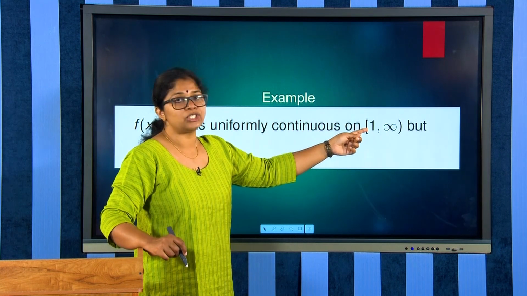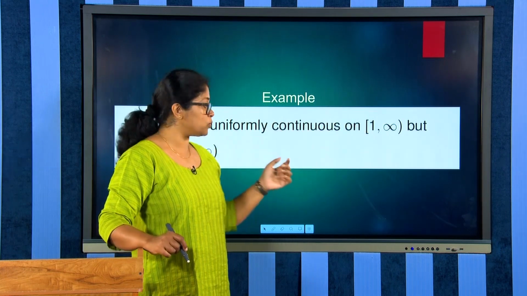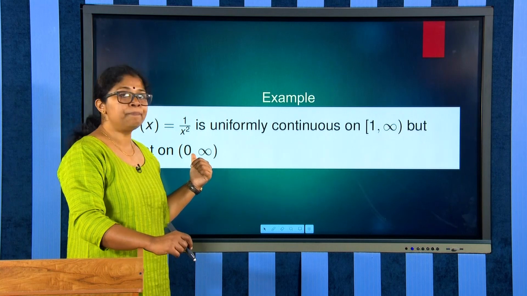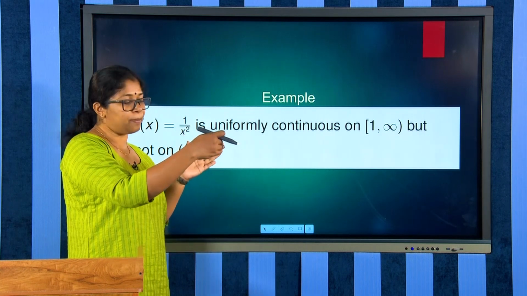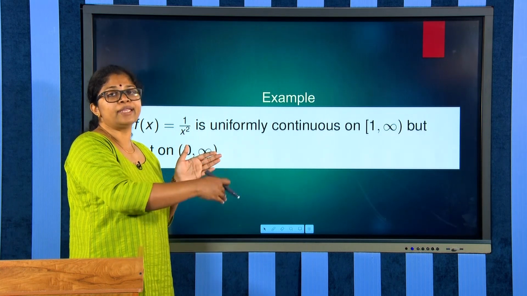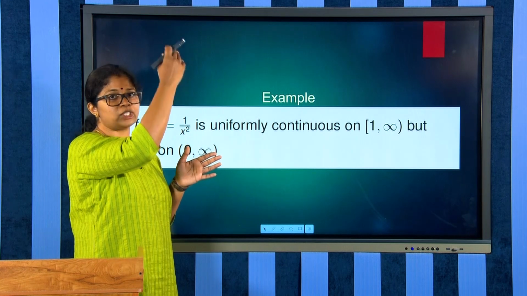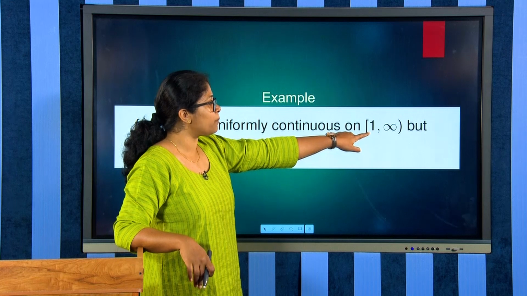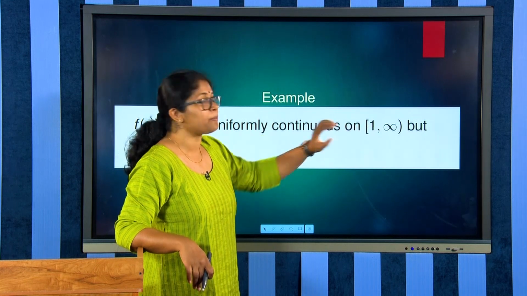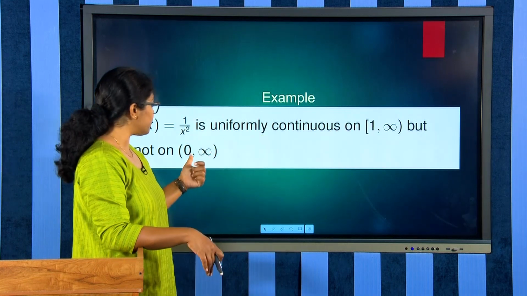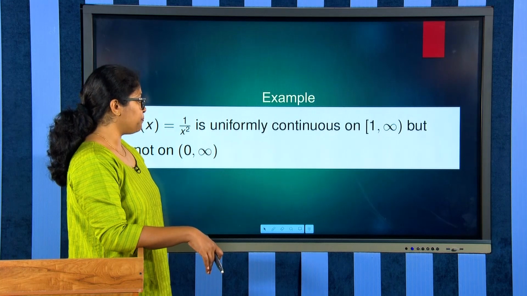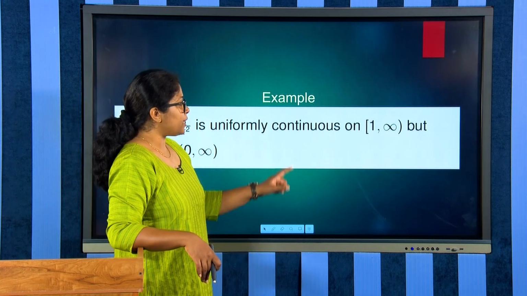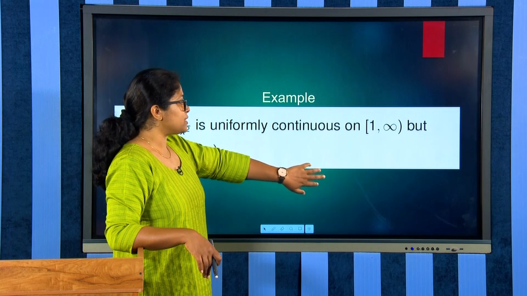Exactly similar condition holds if we omit the portion containing 0, because as we become more and more closer to 0, there the variation becomes much larger. So we can have it is uniformly continuous on 1 to infinity, but not on open interval 0 to infinity. So that is another example which can also be proved in a similar manner.